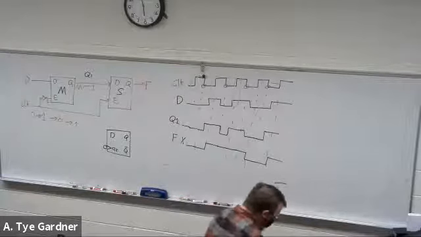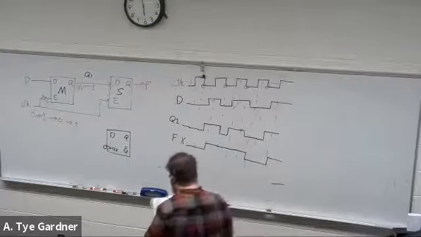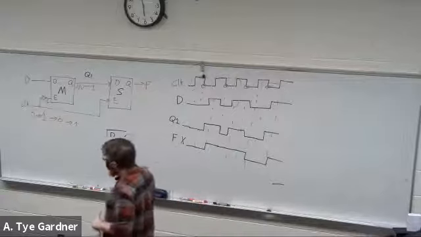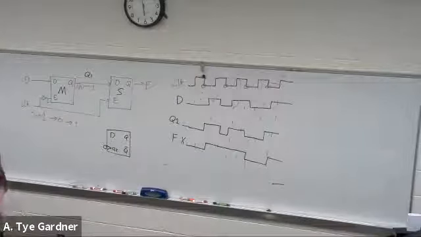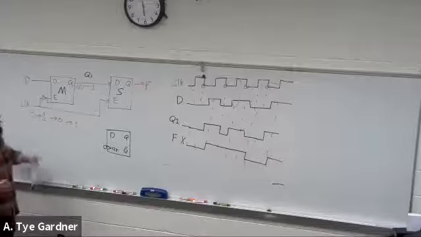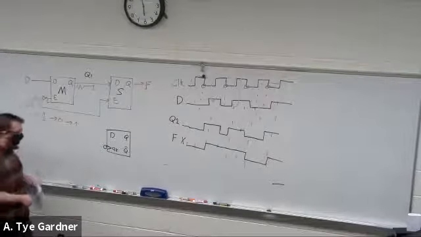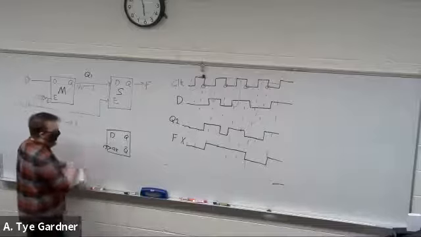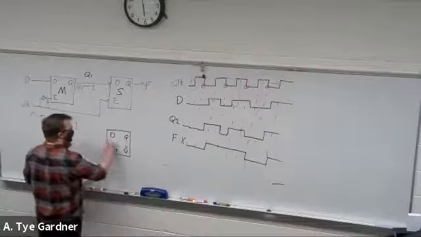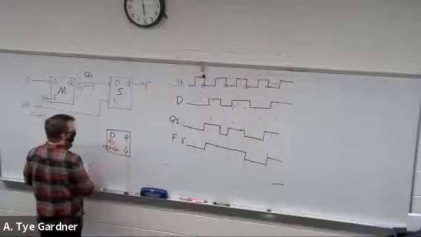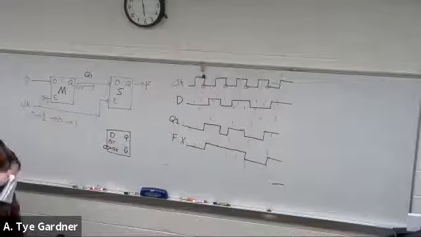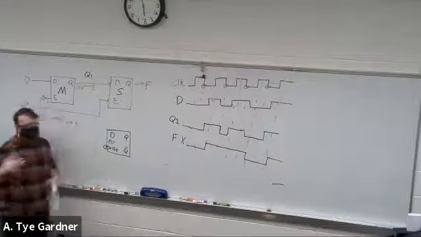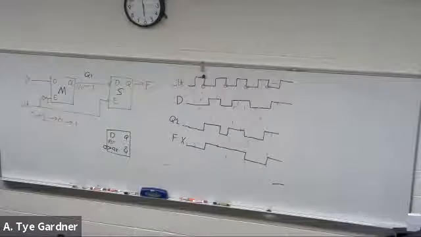So there are a couple different things that you'll see on the add-on pins. One thing that is really useful to add, and I'll do that in red, is RST, or reset. That's just a way of giving it a signal that says, go back to 0, just like the SR latch.